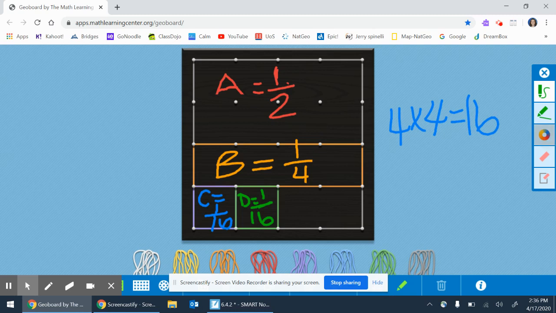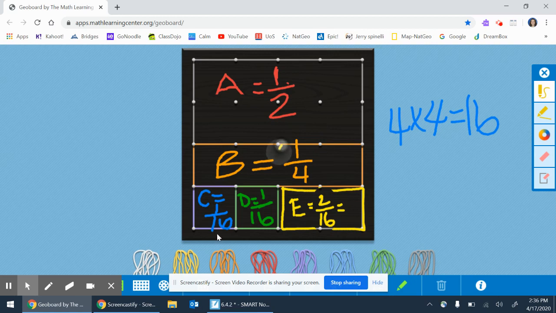And so then that leaves me with E right here. This part is E. Any ideas? I see that if I did this, it would be 2 of our 16ths. So what would be equivalent to 2/16?